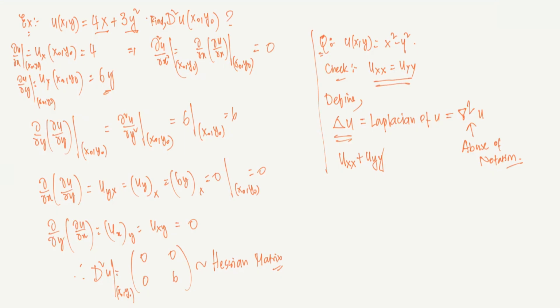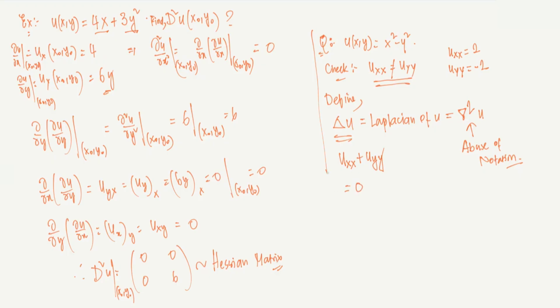Let's just check. It is very easy to see that uxx is going to be 2 and uyy is going to be minus 2. So this is definitely not true. But if you look at uxx plus uyy, it is always 0.